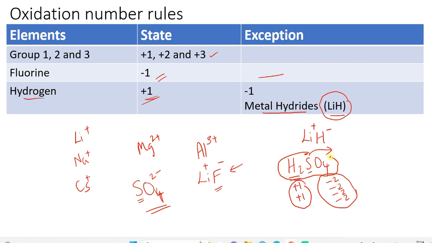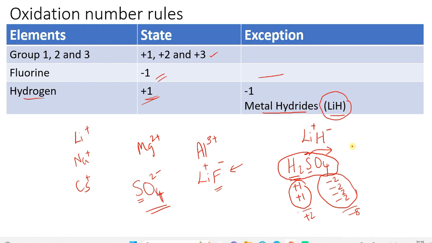There is no charge on H2SO4, so we have +2 here, and then a total of -8 here. In compounds, to be neutral, all the charges should cancel out, and there's no charge on this compound. So if you add all this up, it should be neutral.